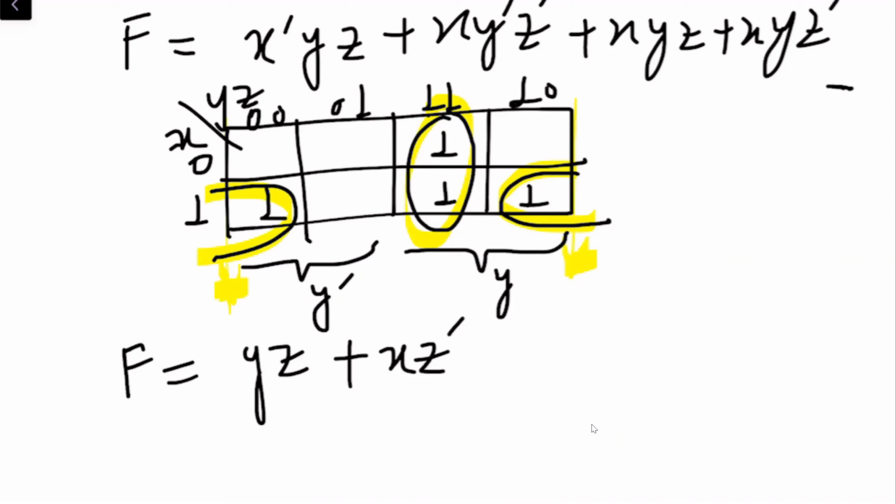Then, in these two boxes, z is not changing. Let me just write. Z is not changing, right? And in this box, which is adjacent to this box, z complement is not changing, right? Are you with me?